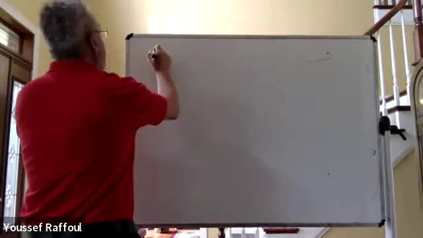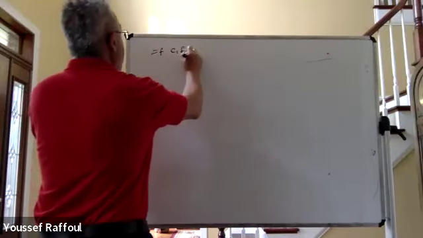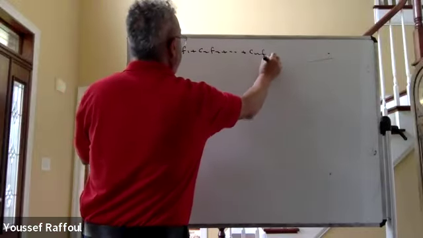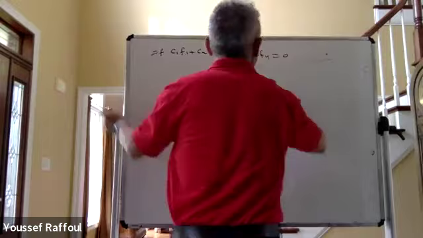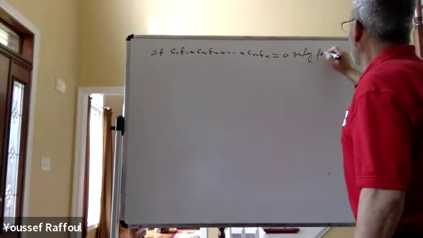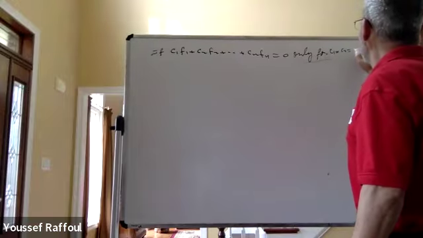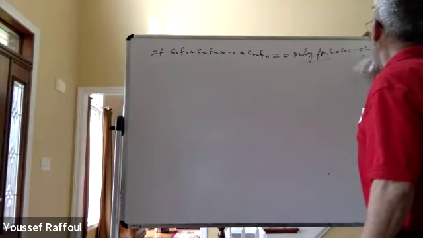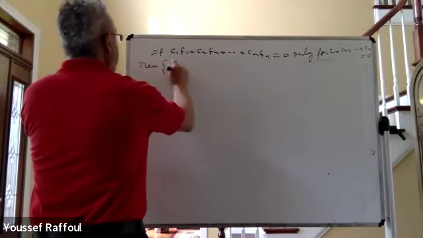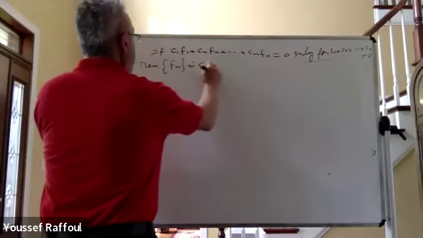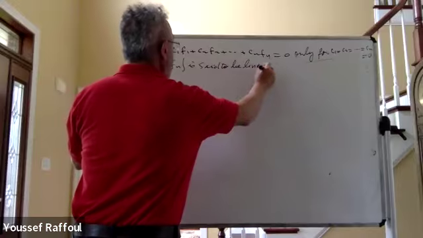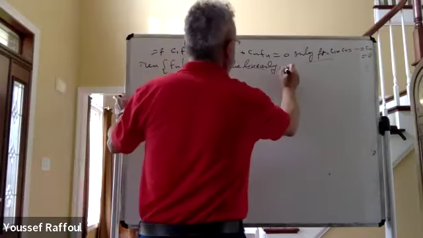Now, if c1 f1 plus c2 f2 plus cn fn equal to 0 only for c1 equals c2 equals cn equals 0, then the set is said to be linearly independent.